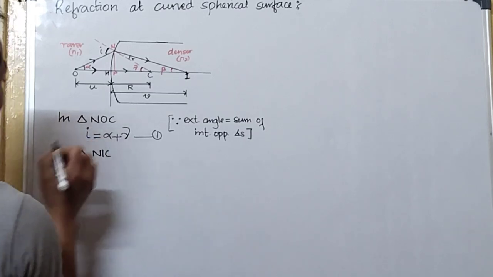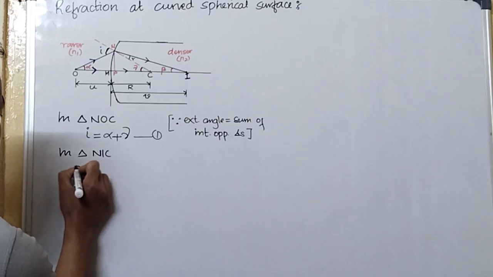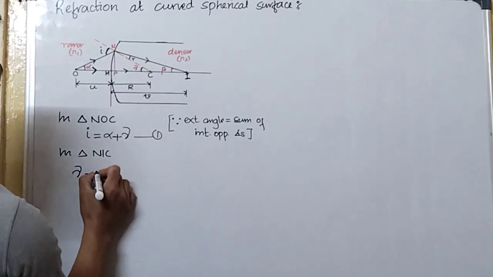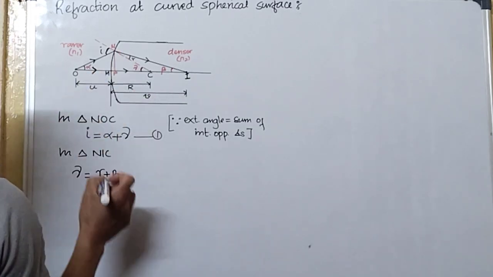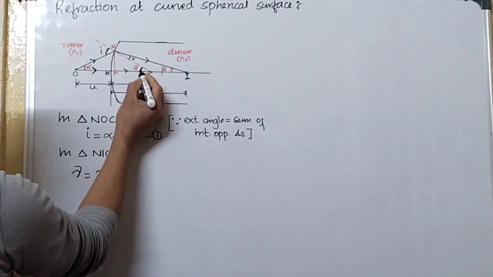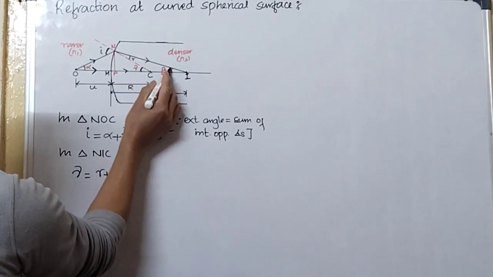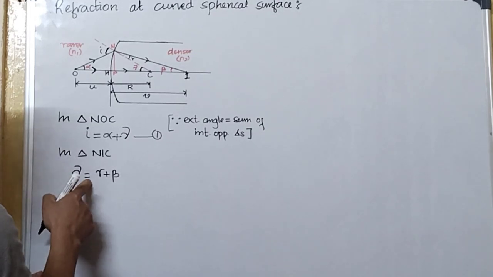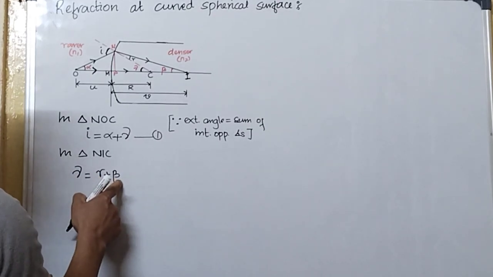So in triangle NIC, you can see that gamma is our exterior angle. So we will use the same theorem again. So gamma will be equal to R plus beta here. In this triangle, gamma is our exterior angle, and R and beta are the two interior opposite angles. So using this same theorem, exterior angle gamma is equal to the sum of interior opposite angles, which is R and beta.